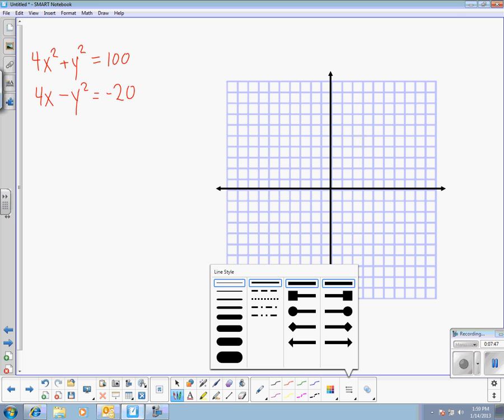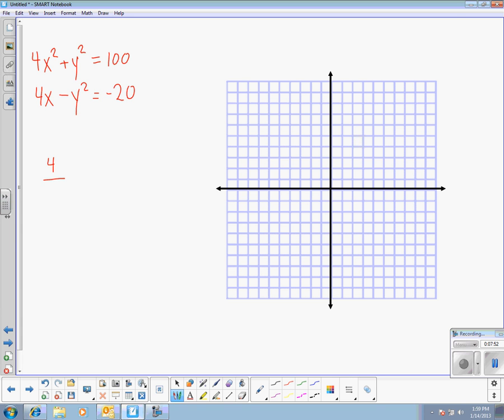This ellipse, if you divide by 100, that's 25 on the bottom. So this is x over 5 squared plus y over 10 squared equals 1. So this is an ellipse that's centered at the origin with an x radius of 5 and a y radius of 10.